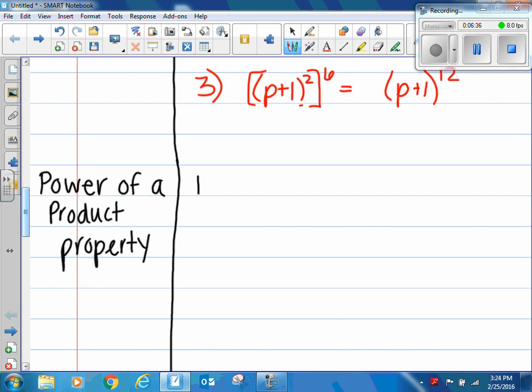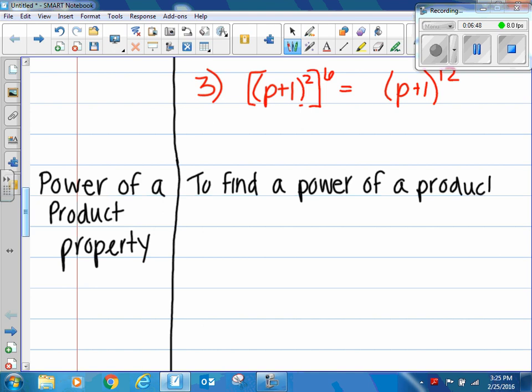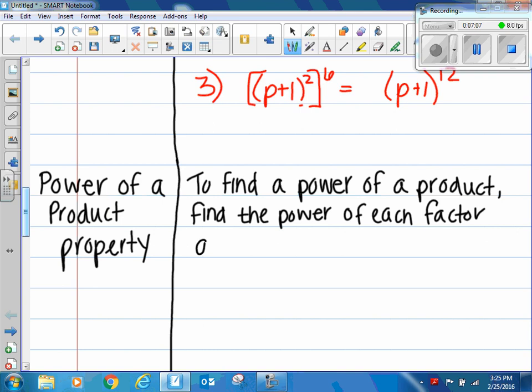So, to find a power of a product, you have to find the power of each factor and multiply. And this will make more sense in just a second when we start looking at some examples.